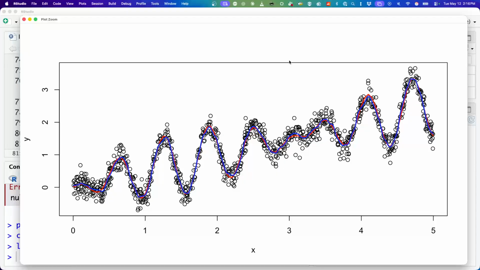So that's one way of doing it manually. I think I showed at the end of class that you could also use the built-in cross-validation mechanism in the kernel regression to do the same thing.